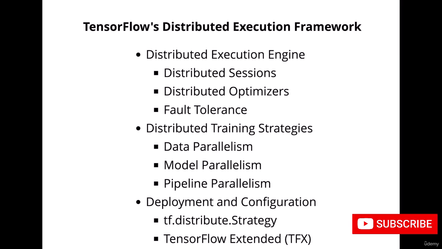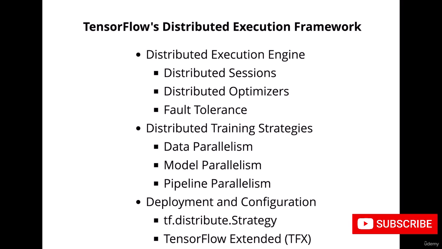Model parallelism. In model parallelism, different parts of the model are computed on different devices or machines. This is useful for large models that cannot fit into the memory of a single device. TensorFlow's tf.distribute.strategy provides support for model parallelism by allowing developers to specify custom device placement and execution strategies. Pipeline parallelism.